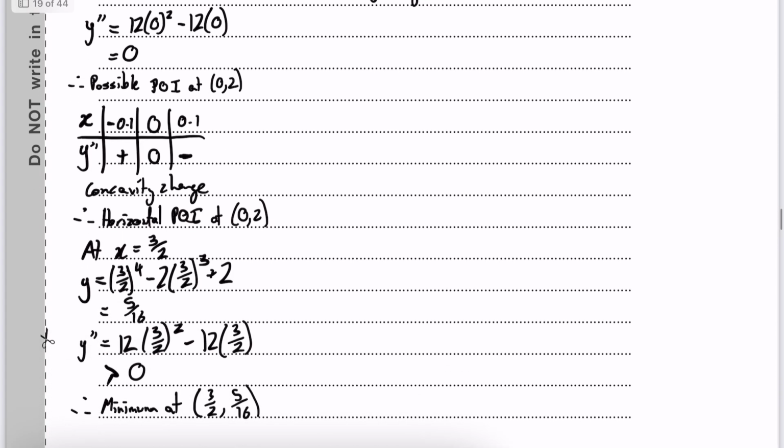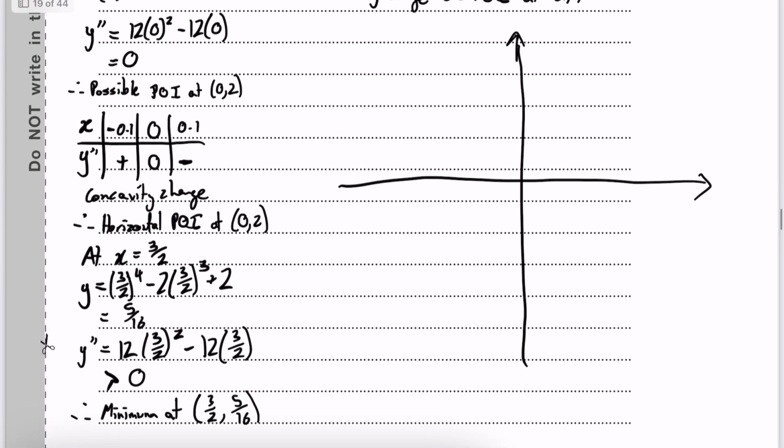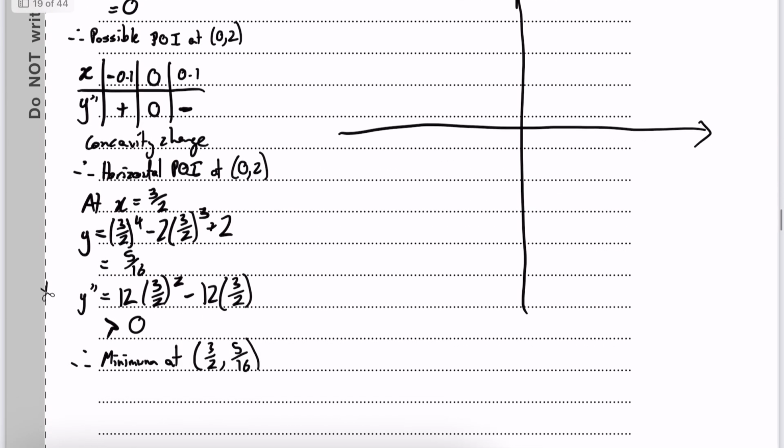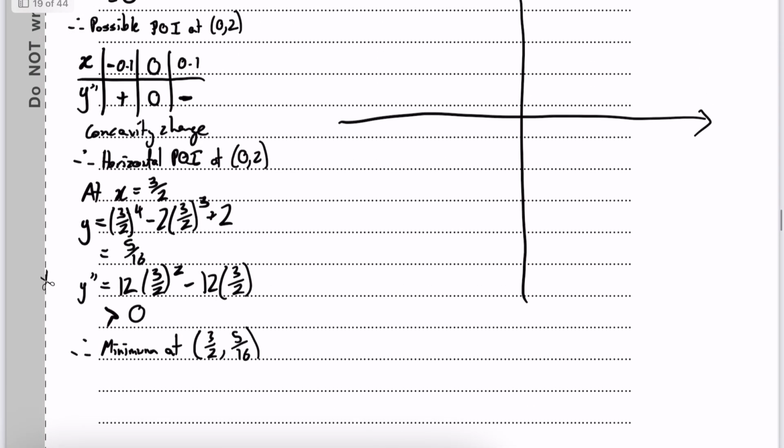Okay, so when I draw the graph, I'm just going to draw it as best I can. I'm going to draw it here. So what I like to do first is just map out what my stationary points are, particularly my minimums and maximums. So here we've got the minimum at 3 on 2, 5 on 16. So let's just say 3 on 2 is here.